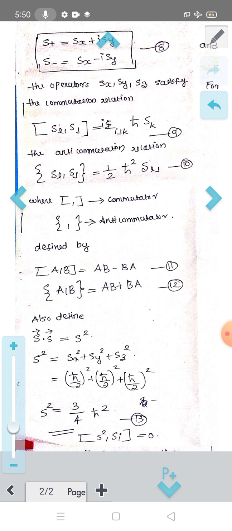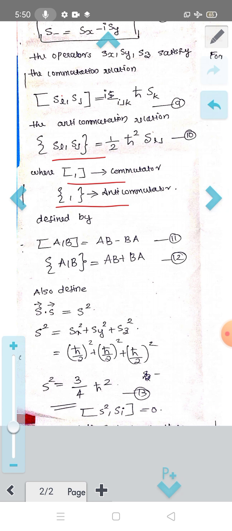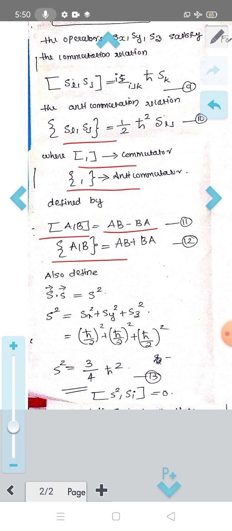And the anti-commutation relation, the anti-commutation bracket Si comma Sj equal to half h cut square delta ij, where this is the commutator and this is the anti-commutator, and it is defined by the commutation bracket a comma b equal to ab minus ba, and the anti-commutation bracket a comma b equal to ab plus ba.